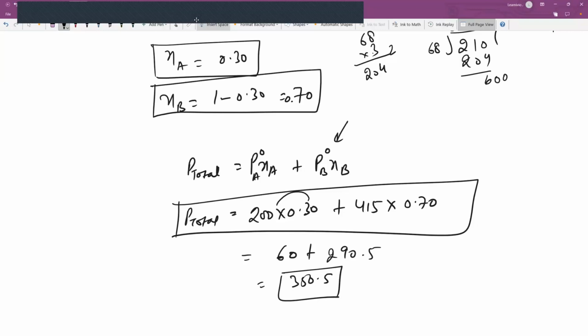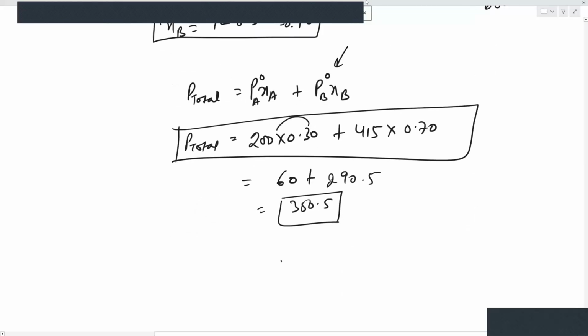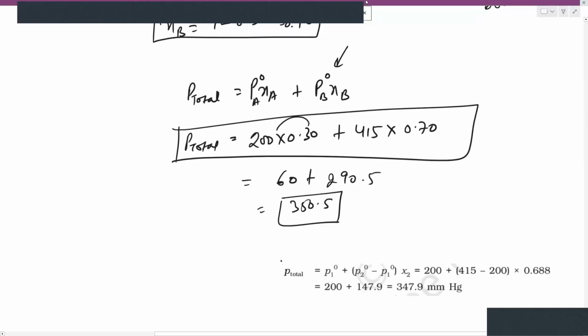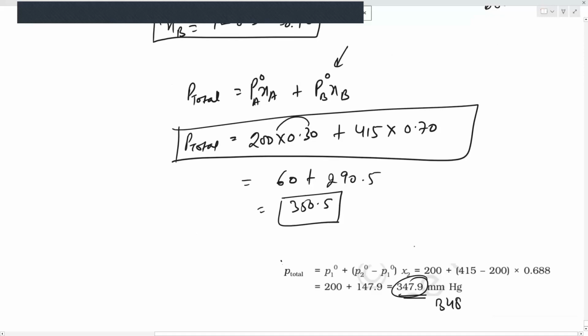When you do the exact calculation with the help of a calculator, the value might change. When you calculate with decimals up to 3 digits, you will find 347.9, which is approximately 348. Since we have assumed 2 decimal places, it's okay.